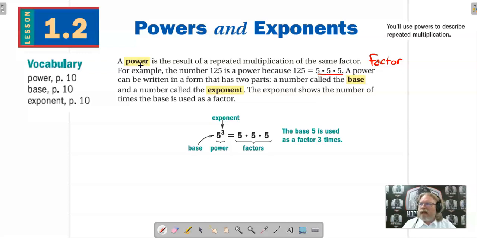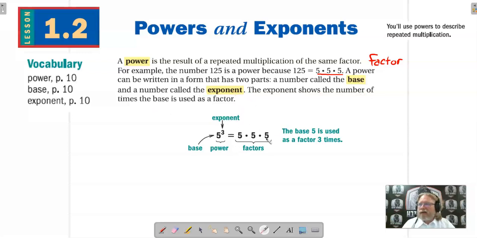it using a power. So a power can be written in a form that has two parts to it. One of those parts is a number called the base, and another number that's called the exponent. The exponent shows the number of times that the base is used as a factor.